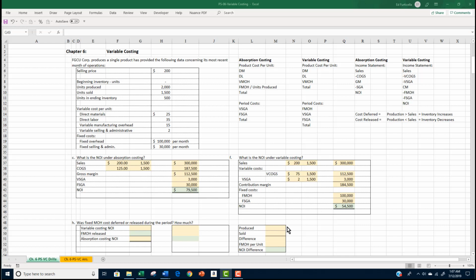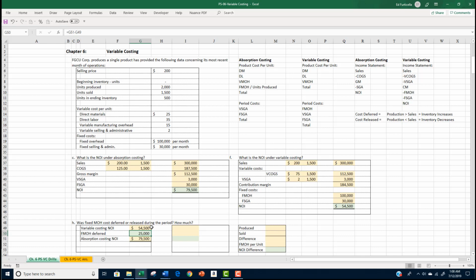The key here is to understand why. First of all, let's recognize the amount of the difference. The difference is $25,000. If we take $79,500 and subtract $54,500 from it, we get $25,000. So the absorption costing method made $25,000 more than the variable costing method.